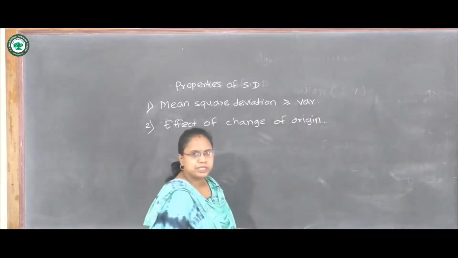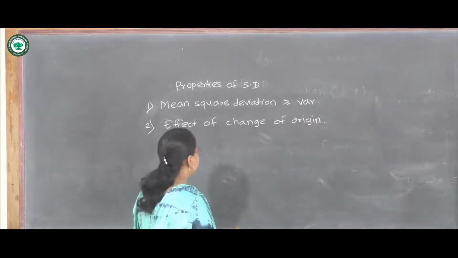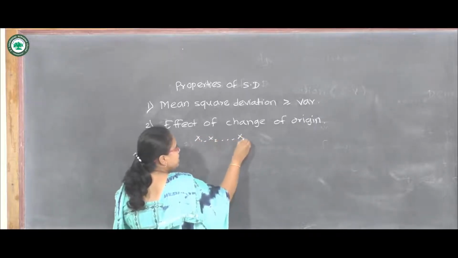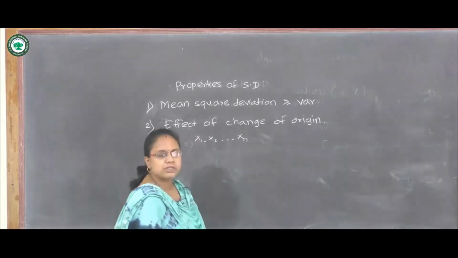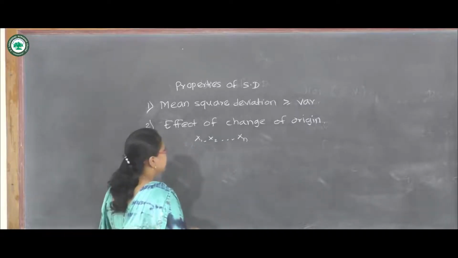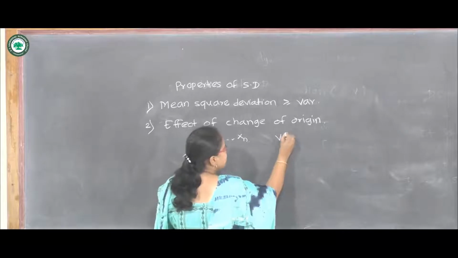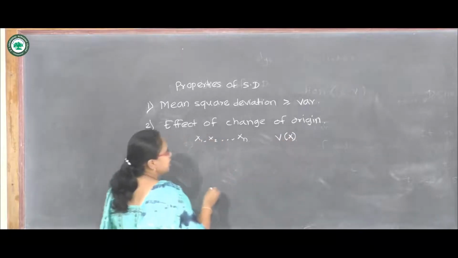So let us prove this property. The statement is: suppose x1, x2, and so on up to xn are the observations on a data, then the variance is given by variance of x.